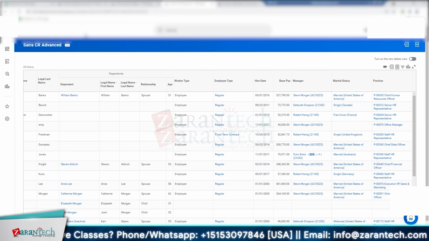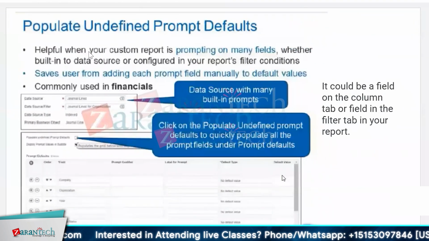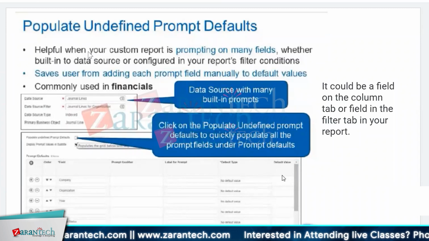Okay, so over here, talking about calculated fields next, but let me see if there's anything that I want to highlight here. We talked about populating undefined prompt defaults, right? This is where you've already said in the filtering or in the sub filters that you want to have specific prompts, or there are ones associated with the data source itself.